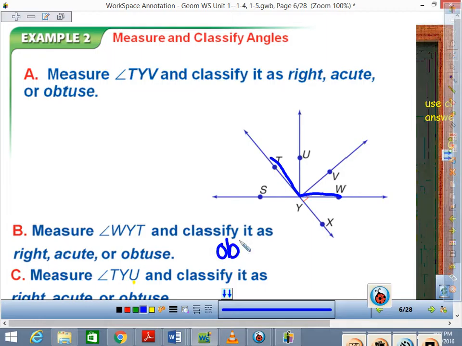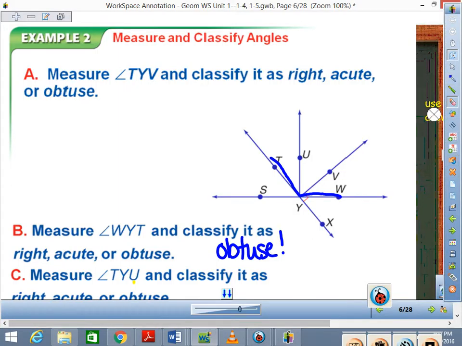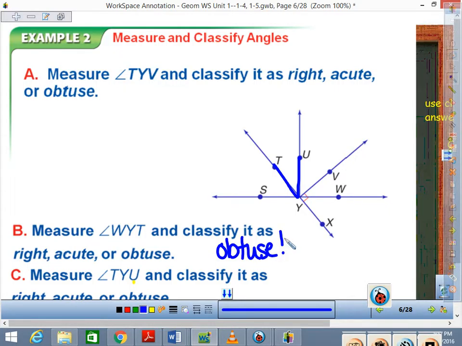If you said obtuse, that's right. And the last one, TYU. What do you think? Which one is that? If you said acute, you are correct.